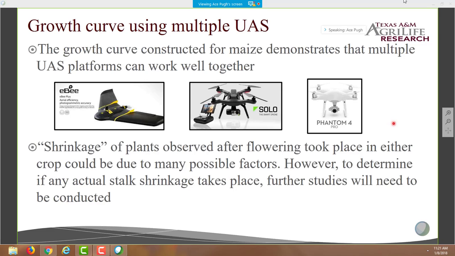You could have desiccation of plants, you could have leaves that start drooping, you could have tassels that droop, you could have lodging within plots. There's a lot of different possible explanations, but I think it would be worth looking into if there could be actual shrinkage of plants in the future.